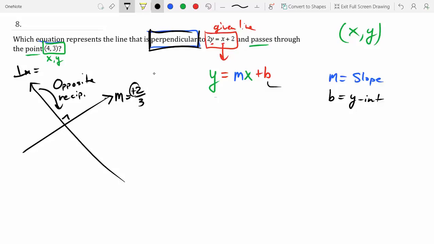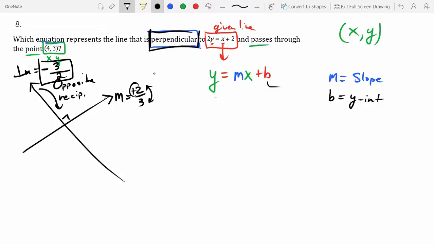If the original is positive, the perpendicular has to be negative, and it's got to be the reciprocal. That fraction has got to be flipped. So instead of 2/3, it's going to be 3/2, and put together, negative 3/2. So to figure out perpendicular, you got to know the slope.